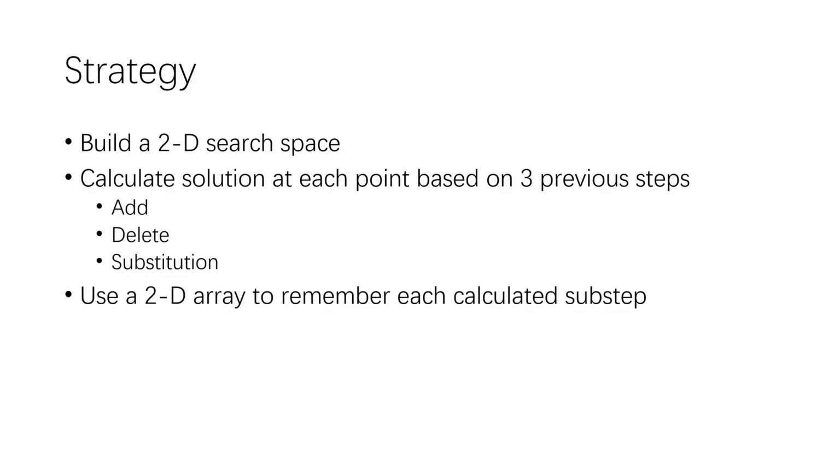For example, if I have a point at m, n, and I want to refer to the solution at m, n minus 1, where m minus 1 refers to the length of the second substring, it means from the previous solution, I just need to add one insertion operation to get to a solution for m, n.